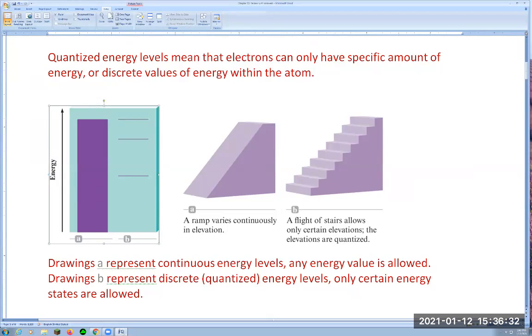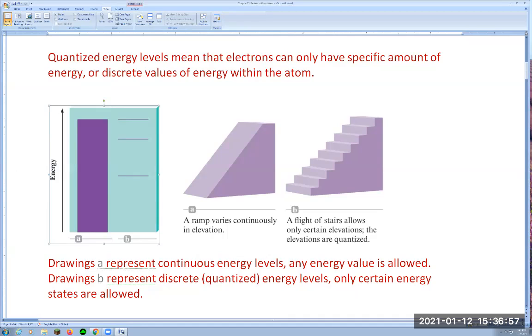And so if you look at drawing B, you have just single lines at specific values of energy. The bottom of the energy scale here is where the nucleus is, and so as you go up, the energy increases. As you go farther from the nucleus, energy increases.